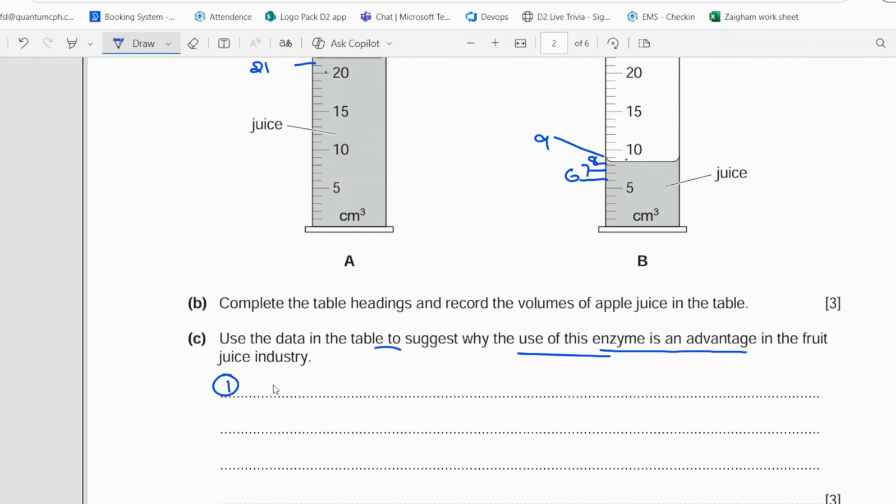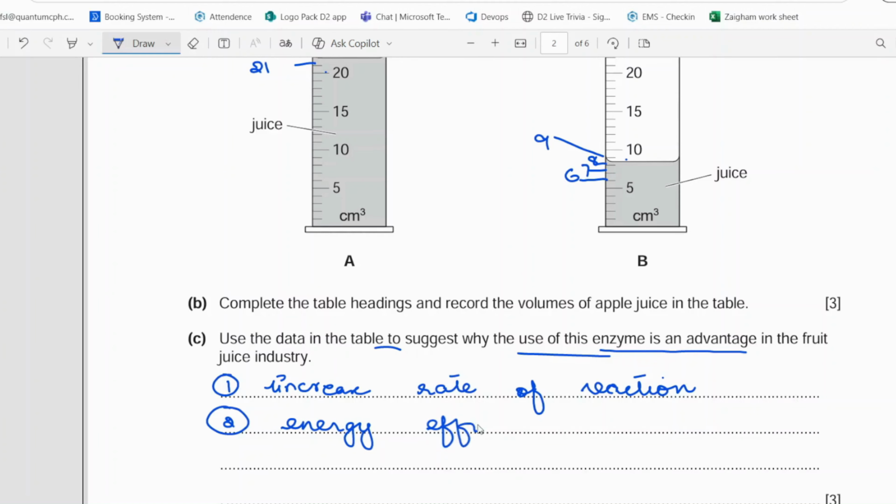To increase the rate of reaction, what else? Energy efficient, time efficient, and to break down.